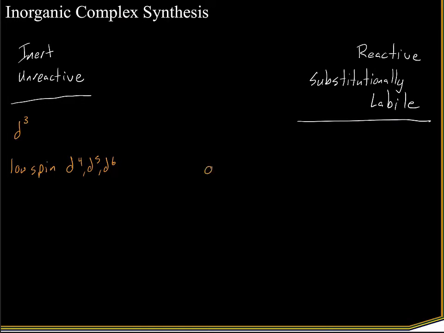D7 kind of falls in the middle, right? So that one reacts a little bit faster. So we can put that a little bit more on the spectrum here. Another thing that's inert is if we have a square planar complex. So this was our D8 16 electron complexes with strong field ligands.